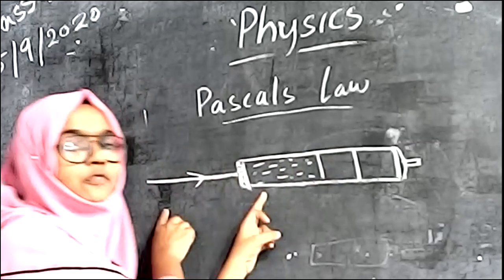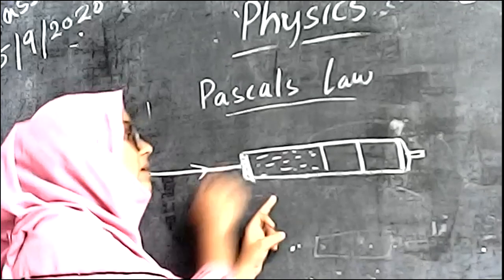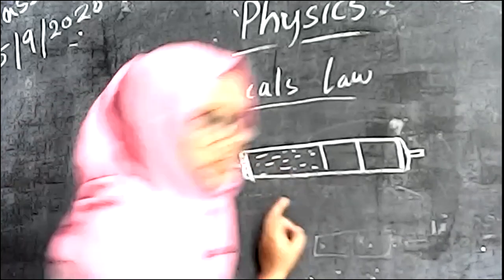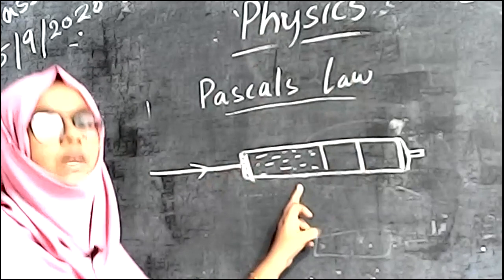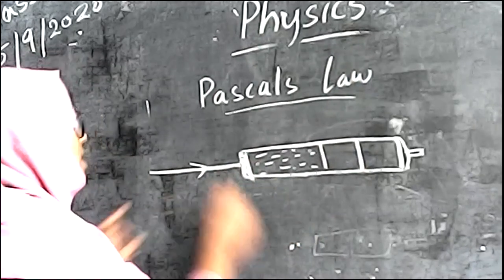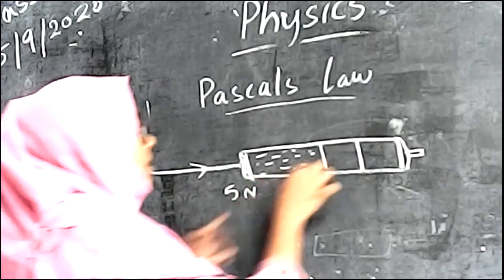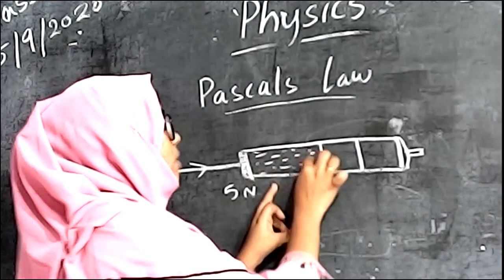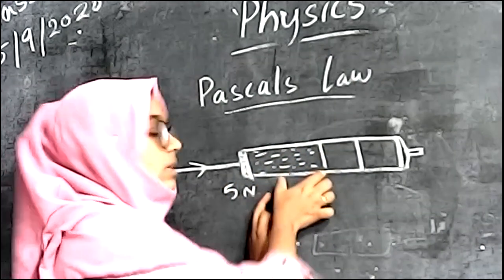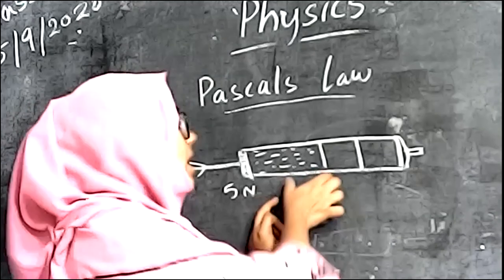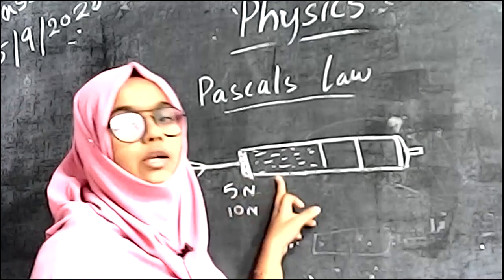The amount of pressure is increasing, but the volume of the liquid contained in the closed system doesn't change. Here the applied force is 5 Newton. The volume of the liquid in the closed system is this, and we apply 10 Newton to this liquid.